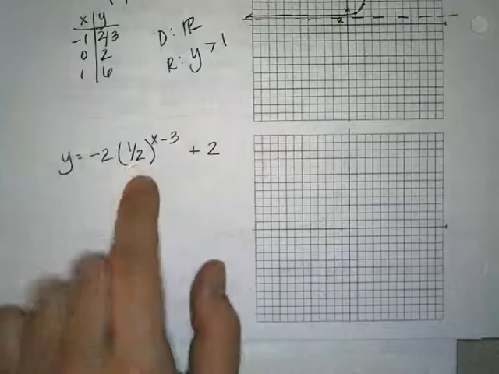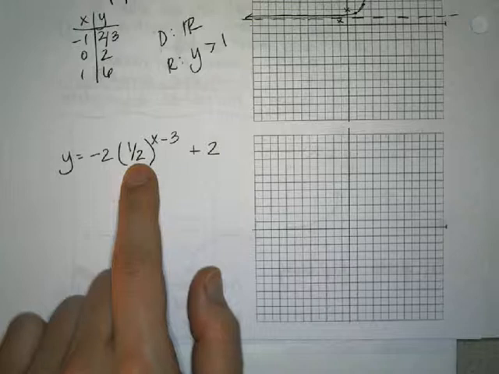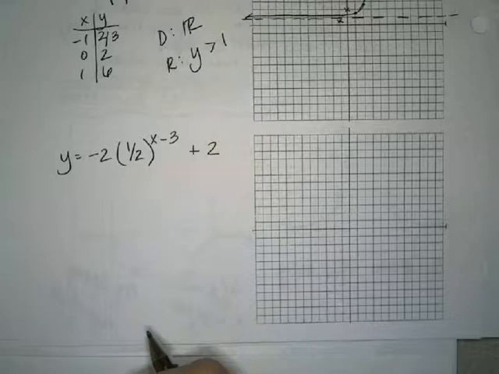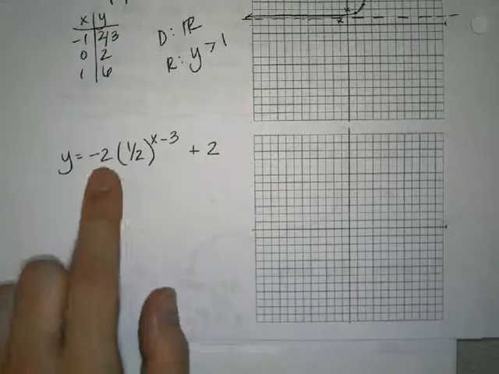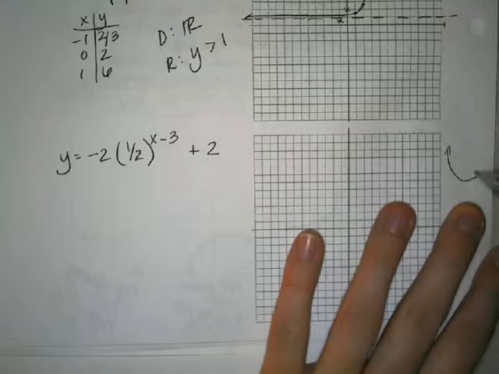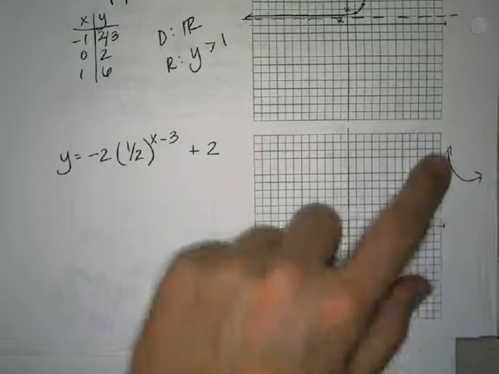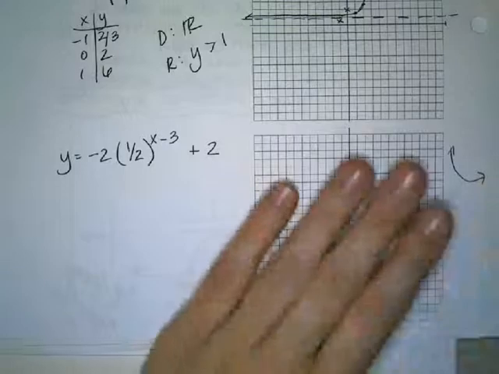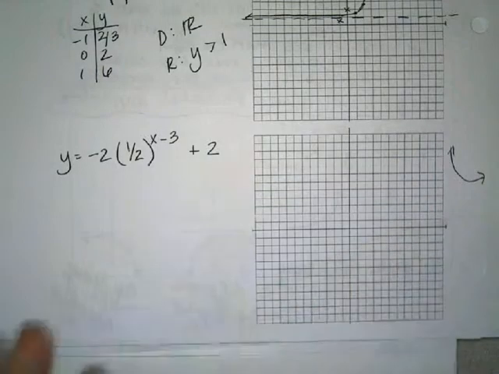The 1/2, my base, is what makes it an exponential decay, because that means for every unit you go forward, your amount is being cut in half every time. So it's being reduced by 50% every time. But that negative a is going to make my graph flip. So instead of being a graph that looks like this, exponential decay, it's going to look like that, but it's going to be flipped over the x-axis. Now you don't have to physically do the flipping, because the table will take care of it. Just know that that's what it's going to look like.